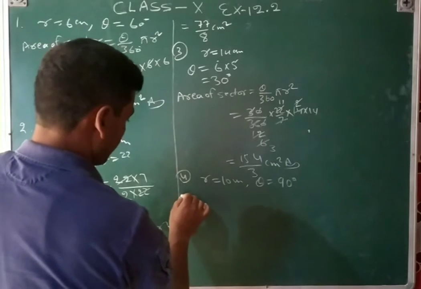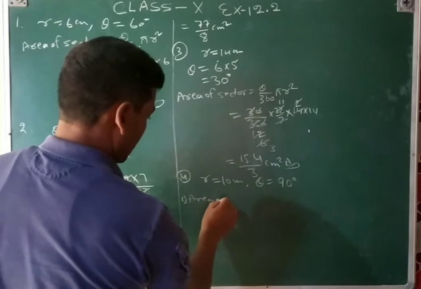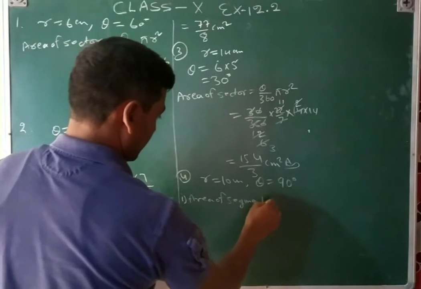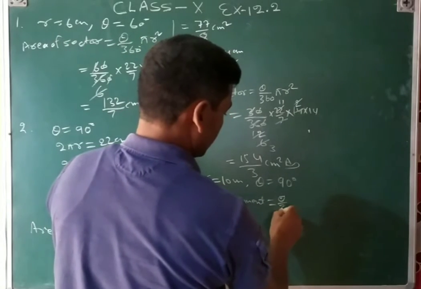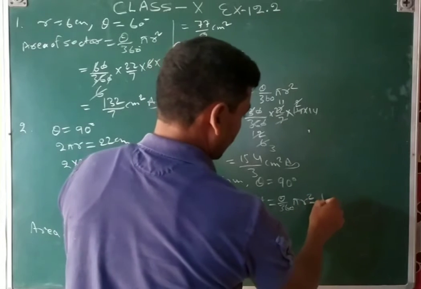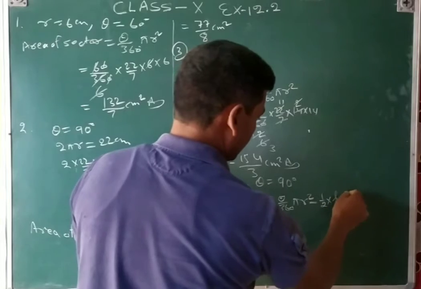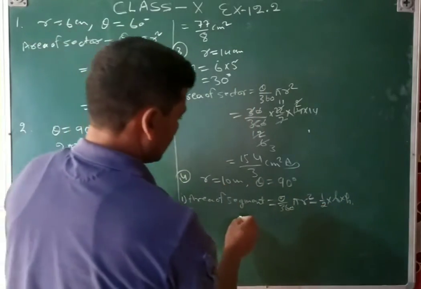So area of segment is equal to theta upon 360 pi r square minus 1 upon 2 into base into height. Base and height will be the same, that is the radius.